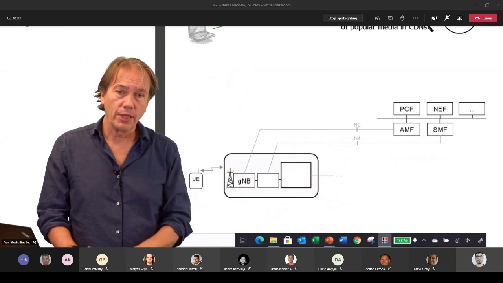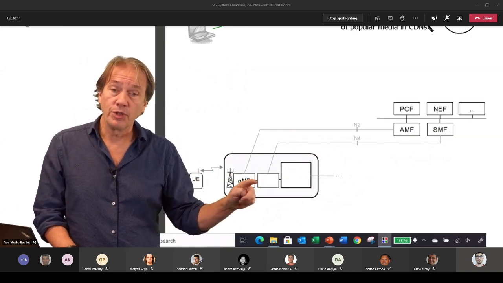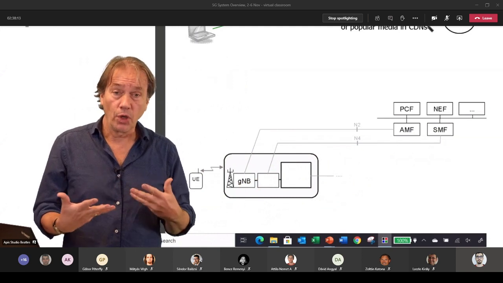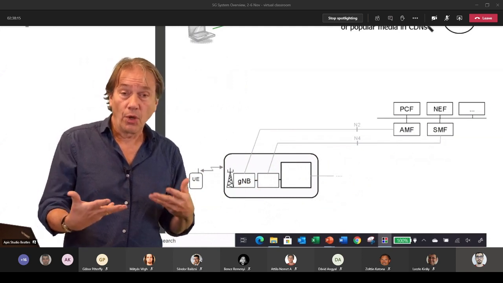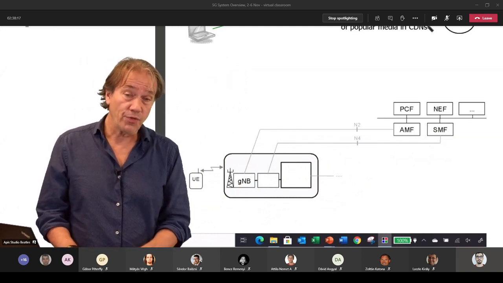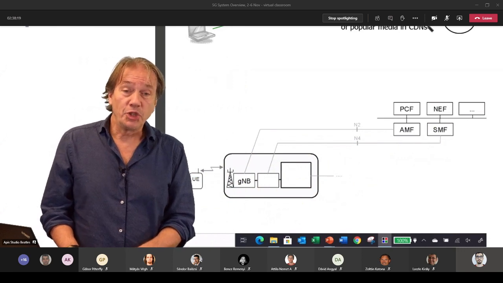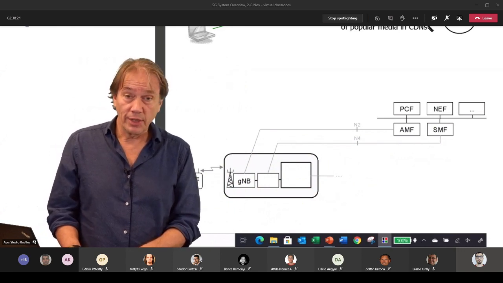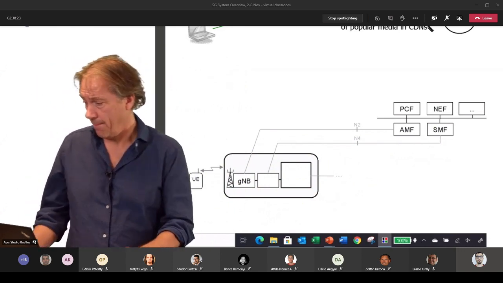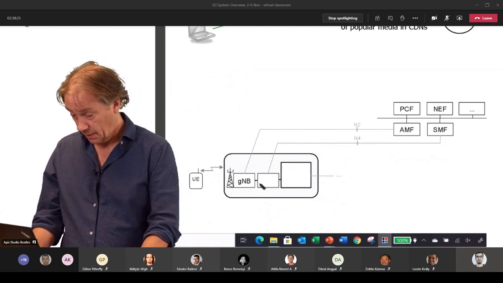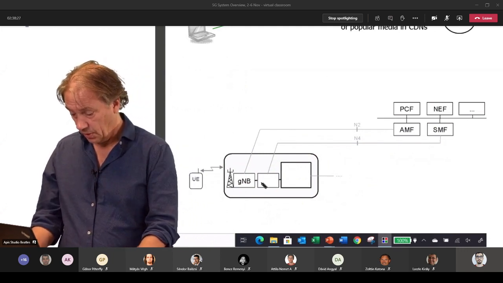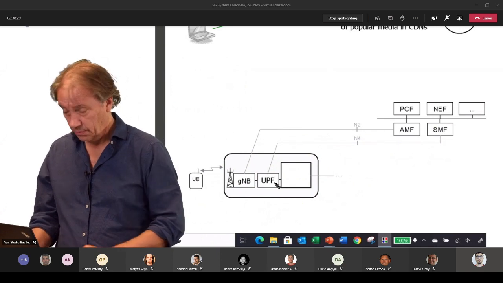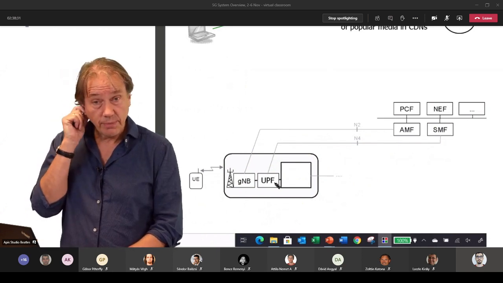I will come back to this later on, but we can also use the very same COTS hardware to start a UPF in the shape of a virtualized network function.